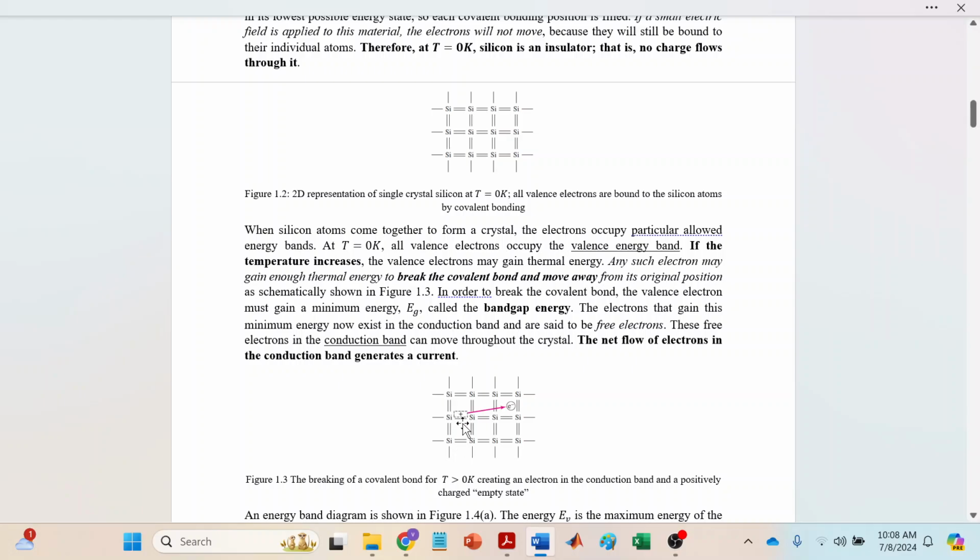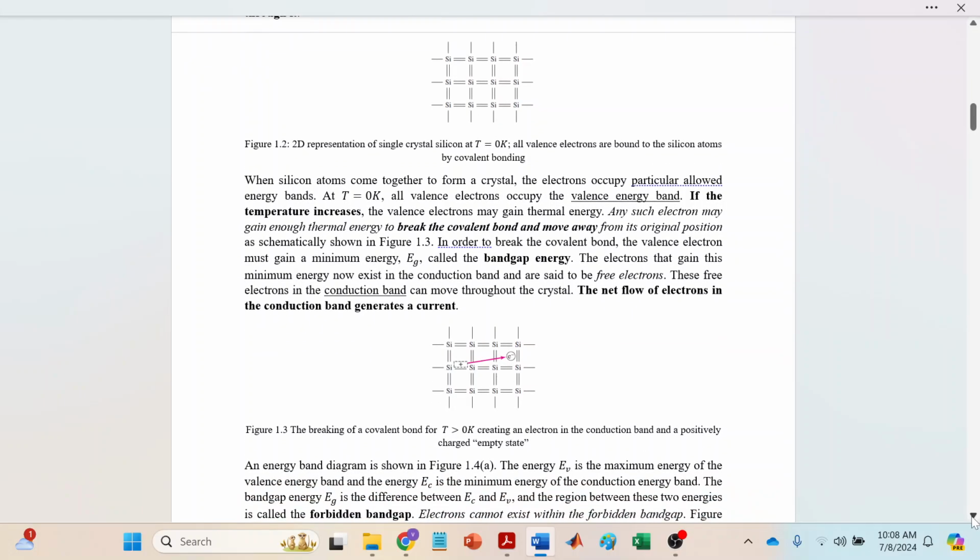And in order to break the covalent bond, it needs to overcome a certain minimum amount of energy called the band gap energy. Previously, when the silicon atom is at 0 Kelvin, it is in the lowest possible state, which is the valence energy band. At the point at which it breaks its covalent bond, it moves into the conduction band. The difference between the conduction and the valence band is the band gap energy.